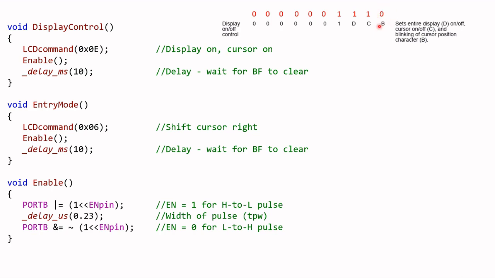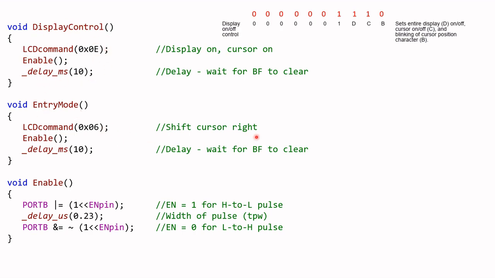But in this video, we're setting this to 0. And this bit here is by default a 1, so we have to include that. So that will be 0E. So you need to put 0E, enable it, delay it, make sure the whole thing is carried out. So that takes care of the display control.